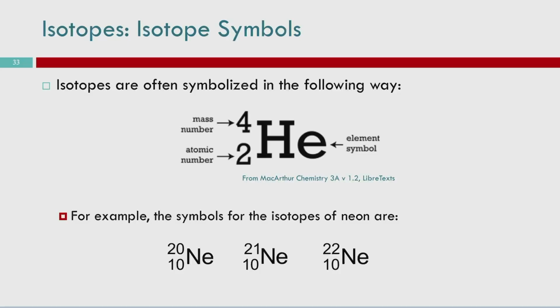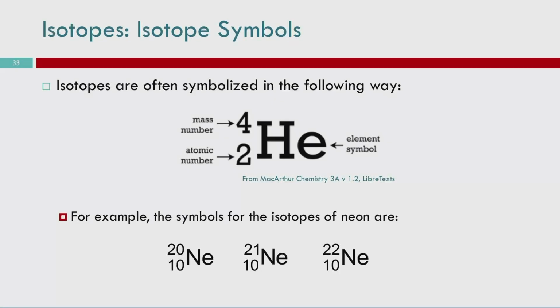And we typically symbolize our isotopes in this way. We'll have the symbol in regular text, and then subscripted and in front, we've got our atomic number. Our atomic number is the number of protons. We also have superscripted and in front, the mass number. The mass number is the number of massive particles.